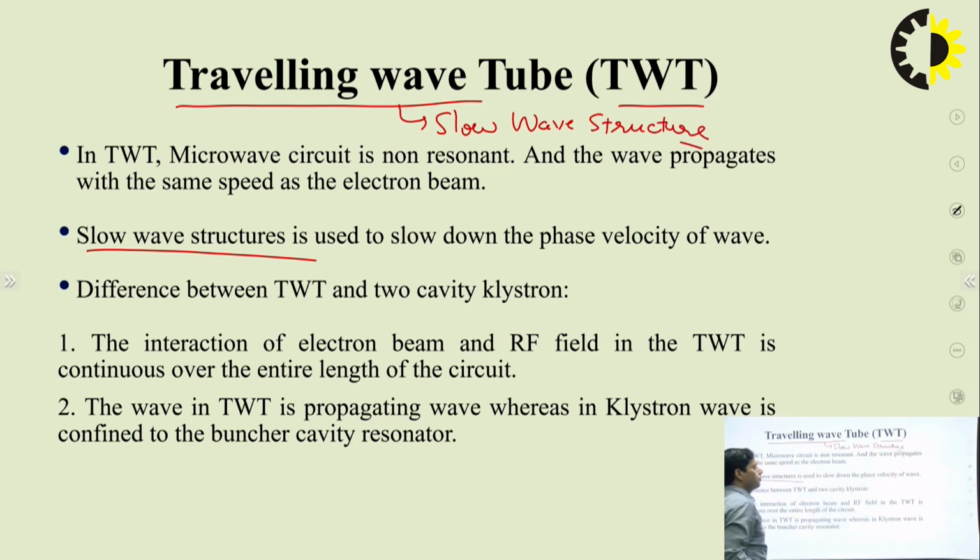This TWT amplifier uses the slow wave structure, which is one important point in its working. When the electron beam interacts with this helical structure, which is also part of the slow wave structure technology, it slows down the phase velocity of the wave. So the TWT's main basic principle is that the slow wave structure is responsible for the amplification.